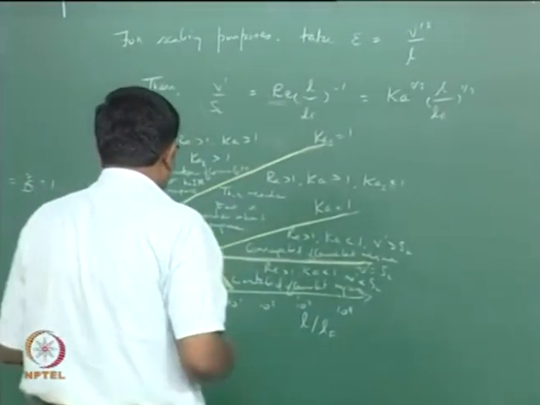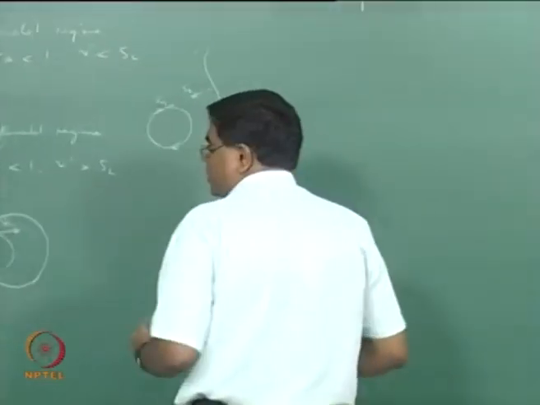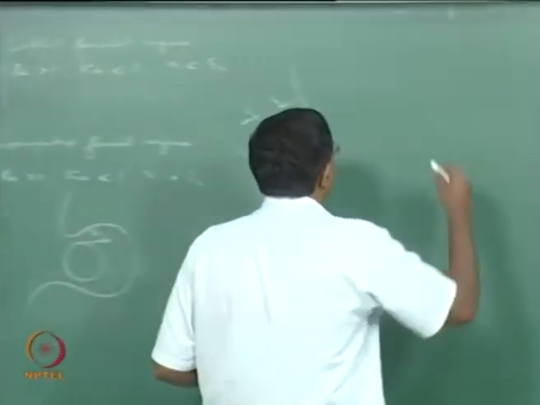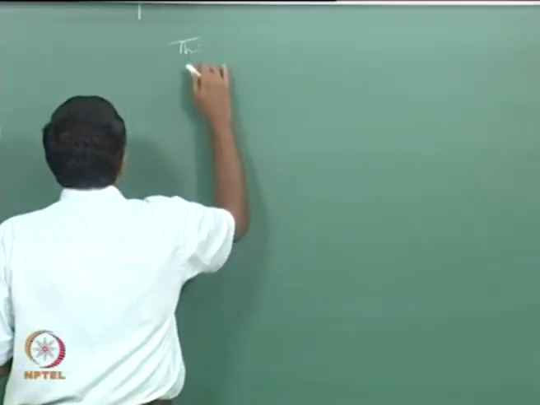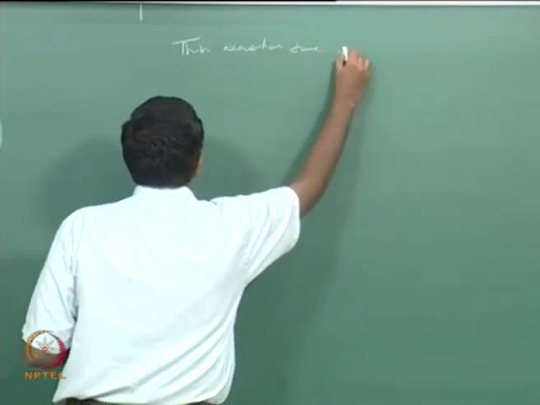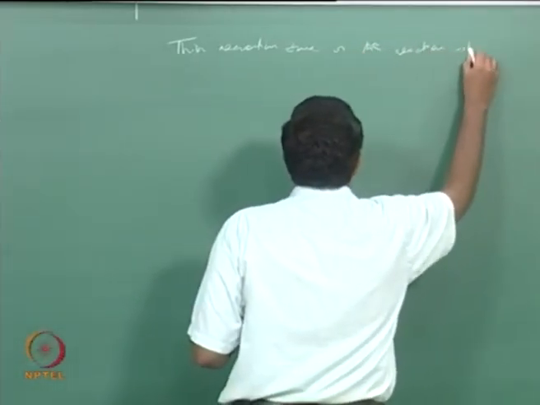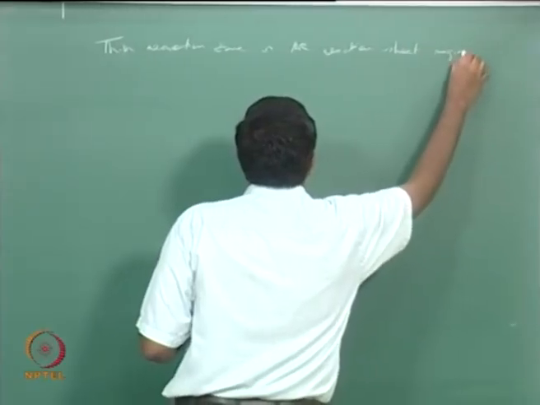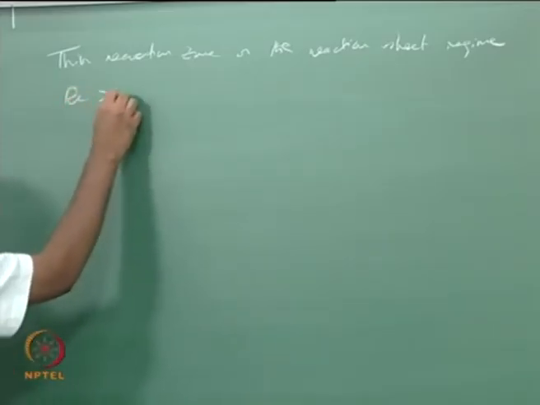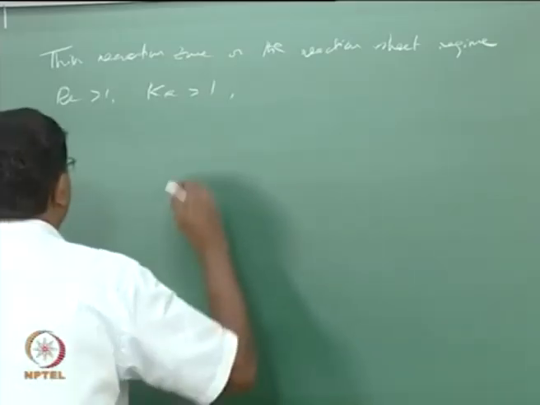Then we get into the thin reaction zone, or the reaction sheet regime. Here Re is greater than 1 and Karlovitz is also greater than 1, and of course V prime is greater than SL.